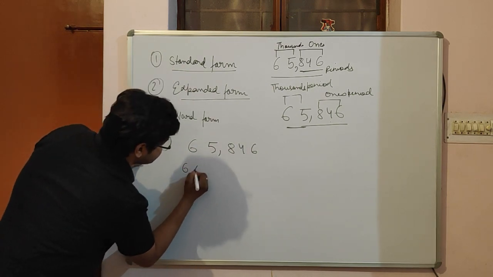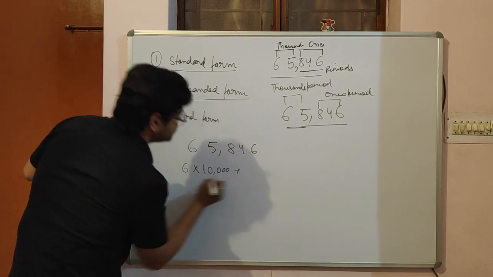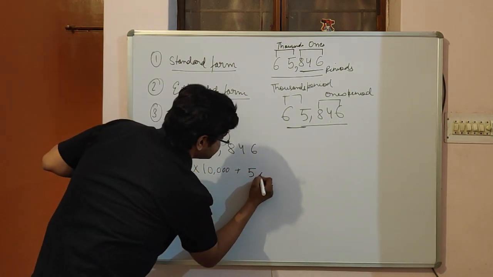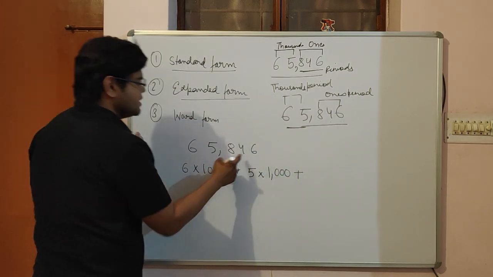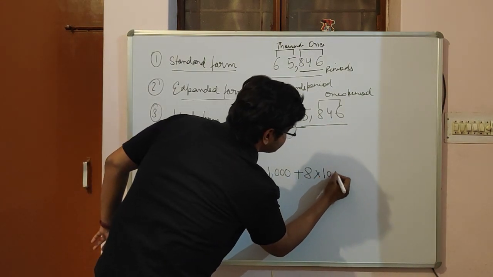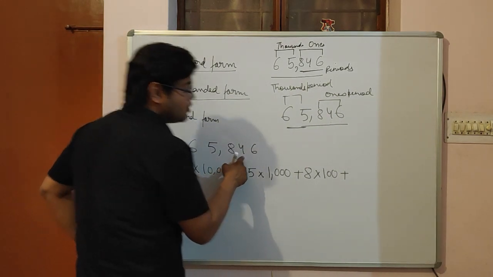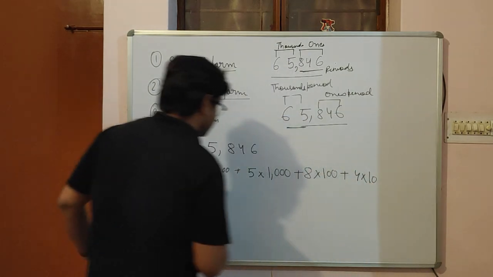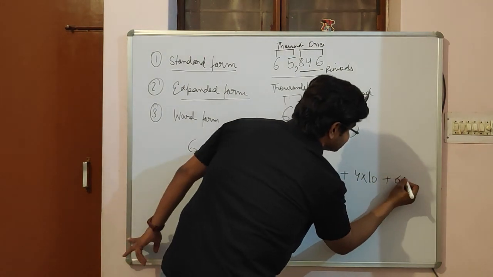So 6 into 10,000 plus 5 into 1,000 plus 8 into 100 plus 4 into 10. How can we write 40? 4 into 10, plus ones place, 6 into 1.